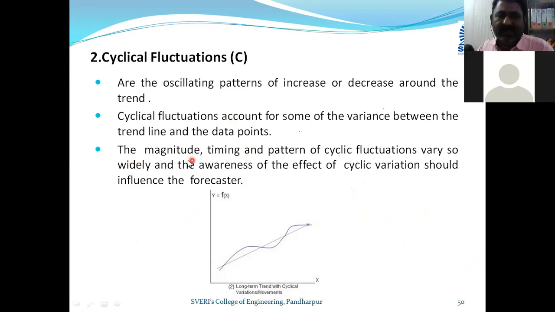These are the fluctuations in the magnitude of the demand. The demand may somewhat increase or decrease with time, and the pattern may vary, but it is around the trend line only. So this is the oscillating pattern. You can call this cyclic fluctuations. Okay, so these are the two things that we have discussed.